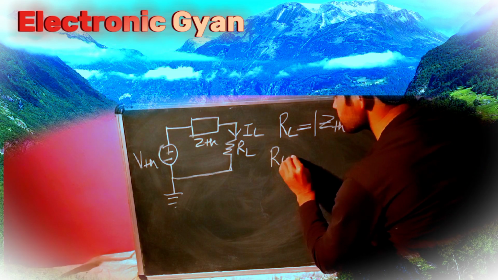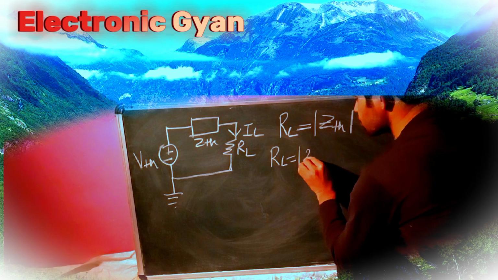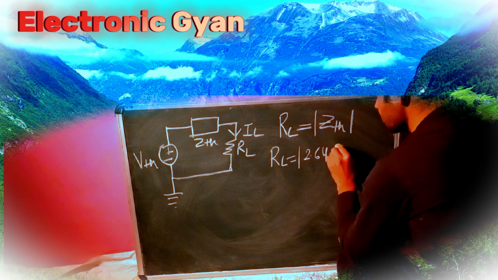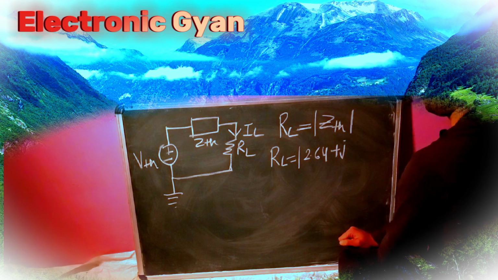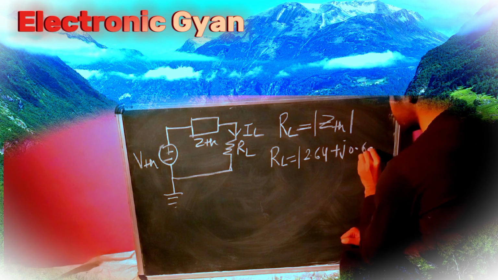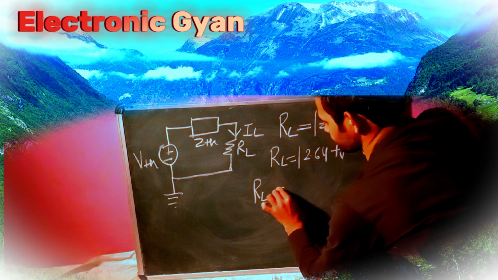So RL must be equal to the modulus of 2.64 plus j0.64. Okay, so this is my load.